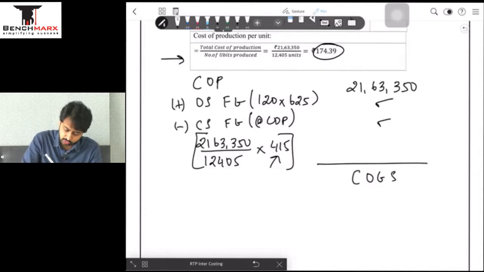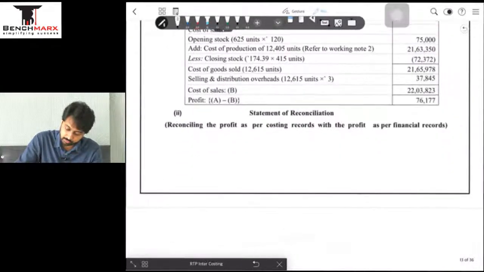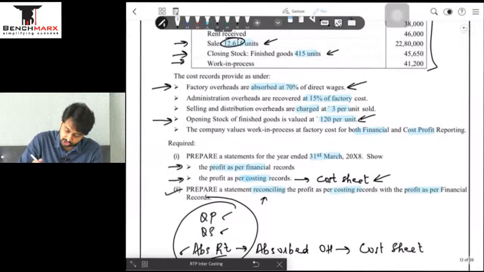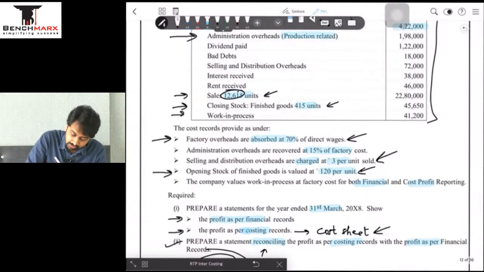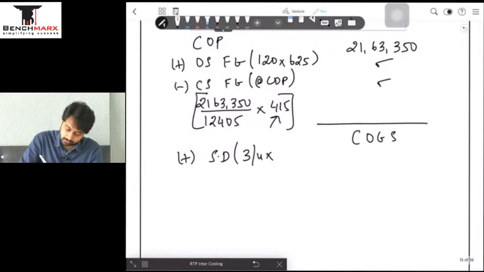Once I get the cost of goods sold, I will add the S&D. It was at 3 rupees per unit into quantity sold, and 3 rupees is coming from the data which is here, and quantity sold is 12,615, which is here. So 12,615 into 3 will give me S&D, and finally I will get cost of sales.